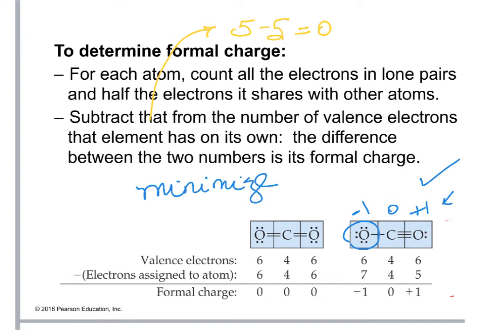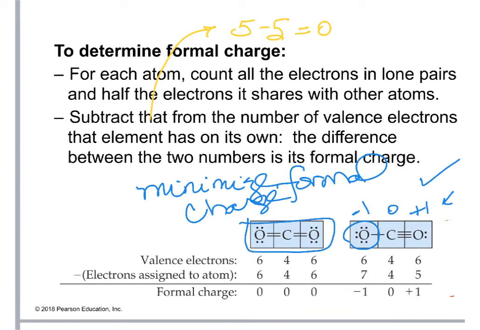The more evenly electrons are distributed throughout a compound, the more stable the compound is. And we know that by minimizing formal charge. Okay? So if you can get a structure where none of the elements have a formal charge, perfect. If all the Lewis dot structures have a formal charge, pick the one that has the lowest values. In other words, +-1 would be better than +-2. Okay?